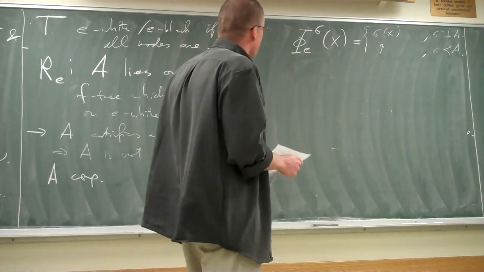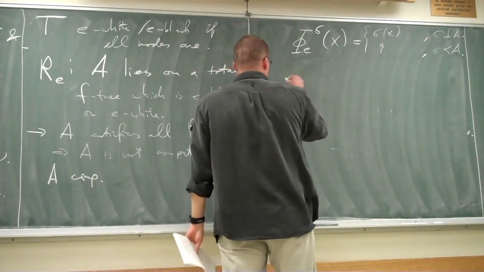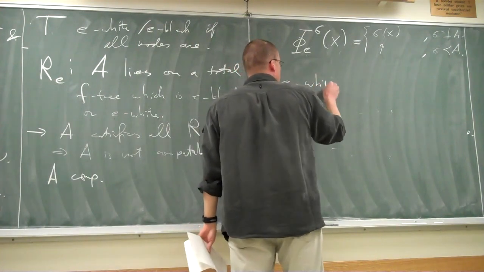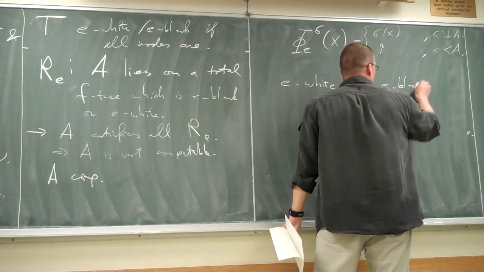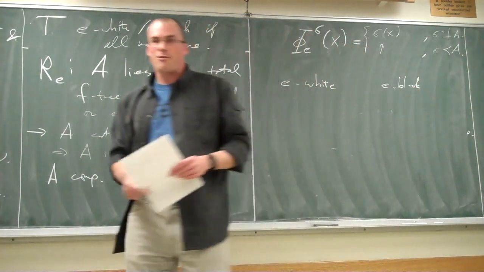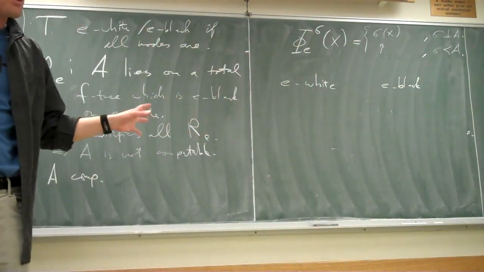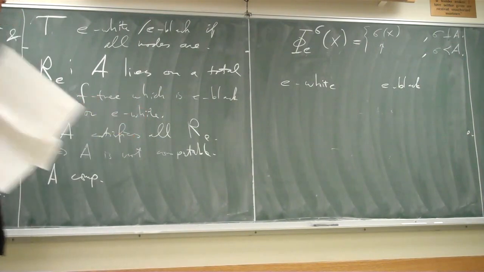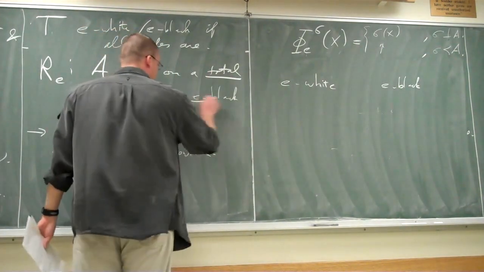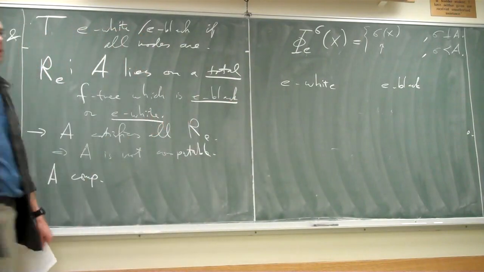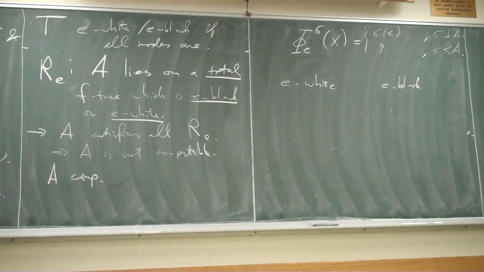So this is going to be a contradiction, because the tree it is on is either E white or E black. And like I said before, I have no idea what this tree looks like, other than that it is total and it is supposed to be E black or E white. This is what I know about my tree.